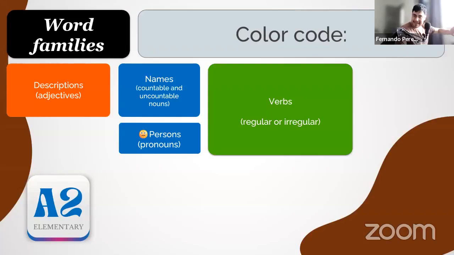Modify the word, exactly. So we have present speak, past spoke. There is a transition, there is a modification, right? In present go, in past went, past participle gone. So we have again a modification, no?